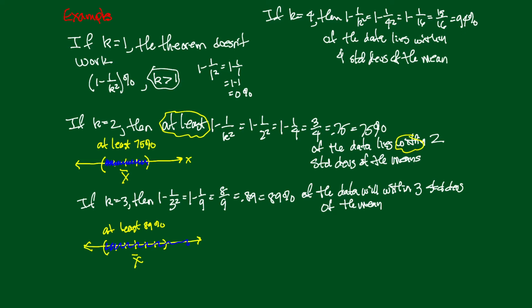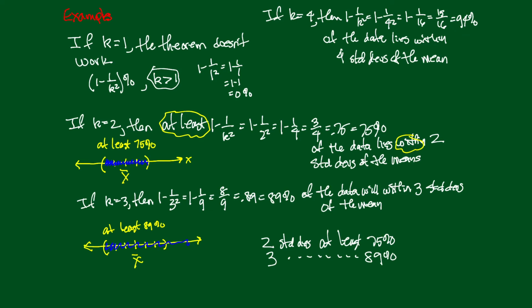All right, so get a good feel about what's happening now. For any set of data, if you go out 2 standard deviations, you've got at least 75% of the data. If you go 3 standard deviations, you've got at least, what did we say, 89%.